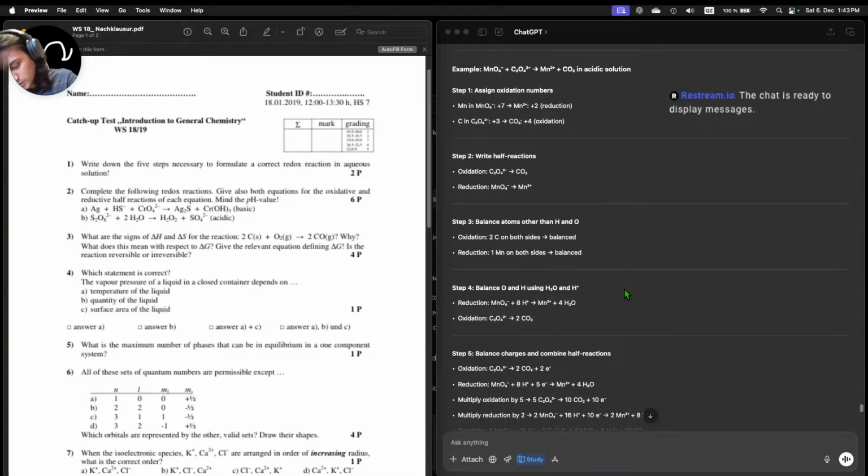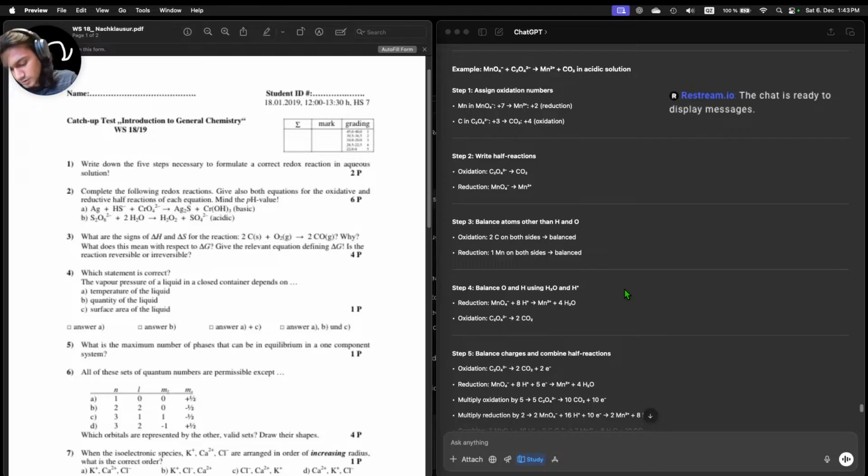C2O4 2 minus to CO2. 2x plus 4 times minus 2, that is minus 8, equals minus 2. We take it to the other side, it's minus 6, x equals plus 3. And CO2: x plus 2 times minus 2 equals 0, x equals plus 4.